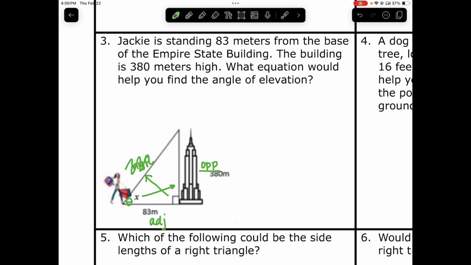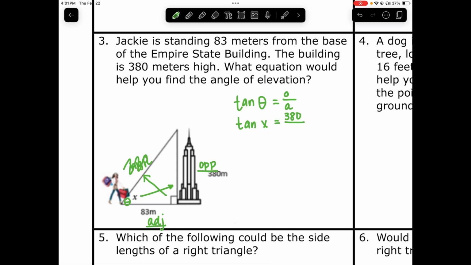Since we're using opposite and adjacent, that means we're using tangent, which is opposite over adjacent. So opposite was 380, adjacent is 83.